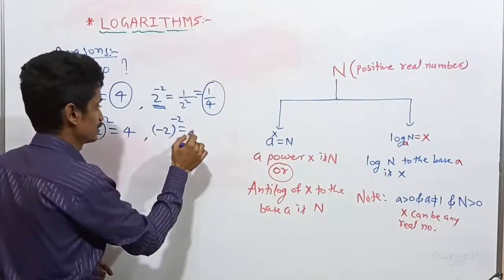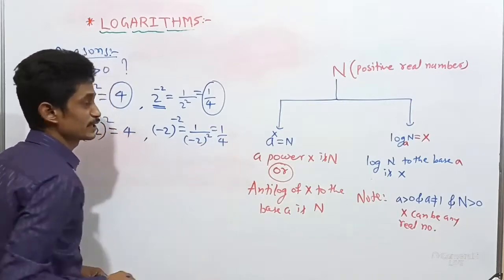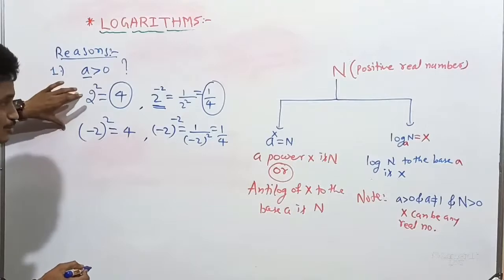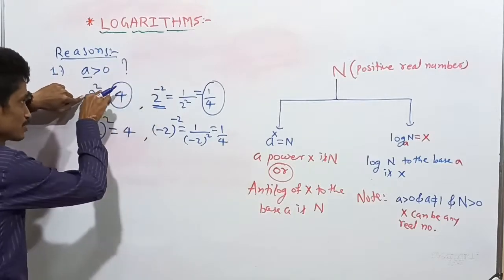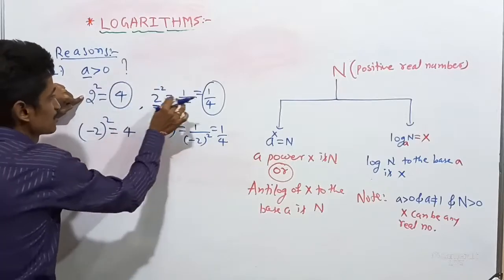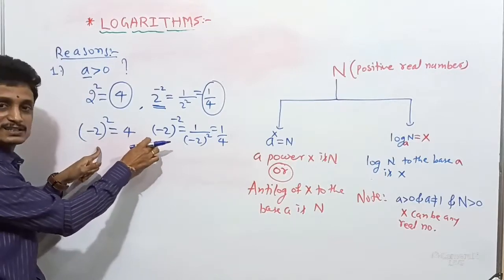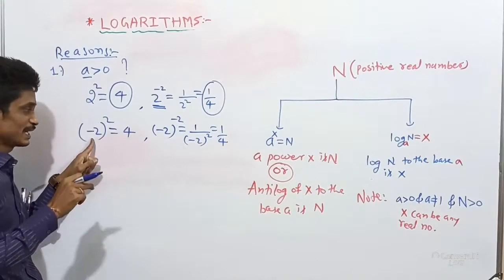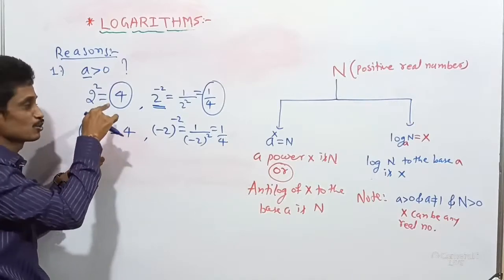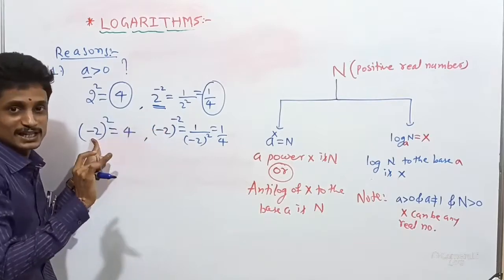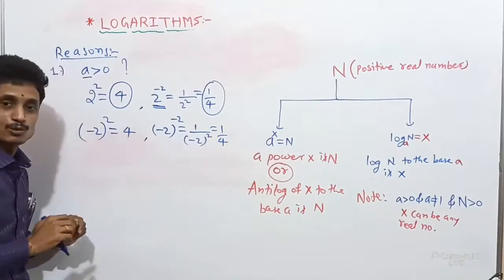Once you take the reciprocal, that is minus 2 whole squared, then our answer will be 1 divided by 4. Look at these two. In the first example, base is positive, power once positive, another time negative, our answer is a positive quantity. Look at the second example. In my assumption, I choose the base as a negative quantity. Once I assume the power is a positive quantity, another time a negative quantity. What is your actual answer? 4 as well as 1 by 4.